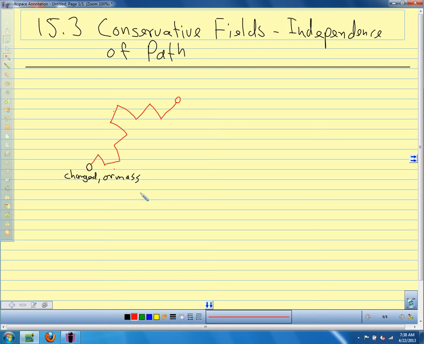So the amount of work done doesn't depend on how far we move on these little paths that are on a piece of a circle. If we were to calculate the work, it would only depend on how far we moved directly away from the charge or the mass.